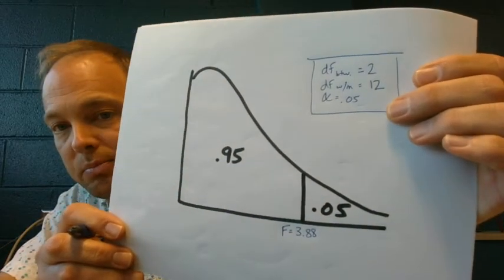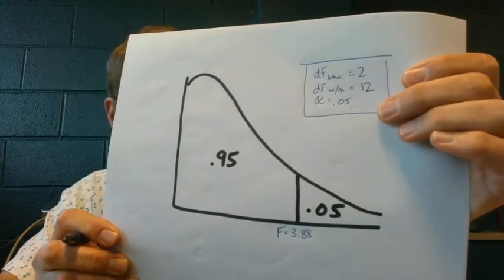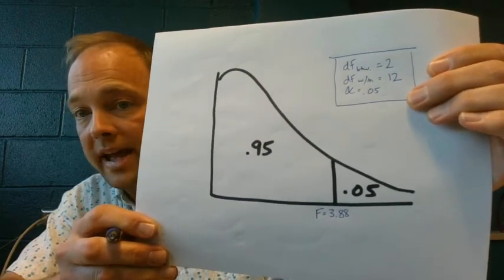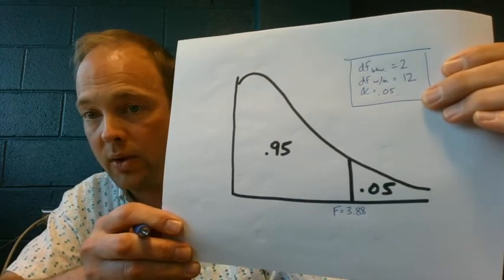So that's our legend, right? I referred to a legend in previous exercises dealing with t. And then our tabled F value, which we've already determined, is 3.88. So that's how that first problem, number one, would look if we were to set this up as a probability distribution. Okay?